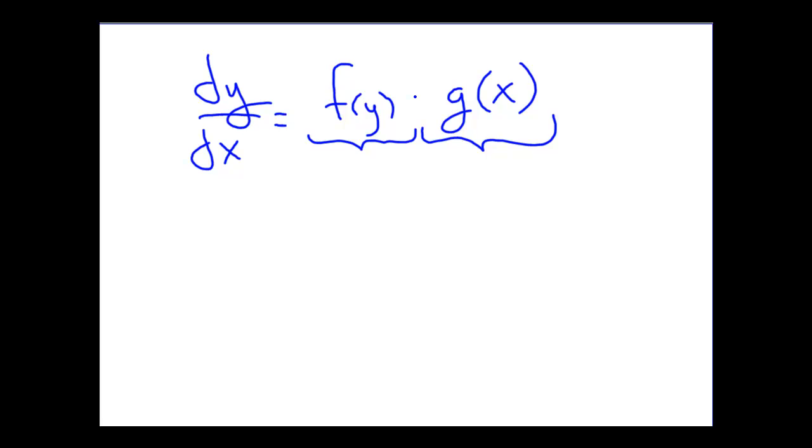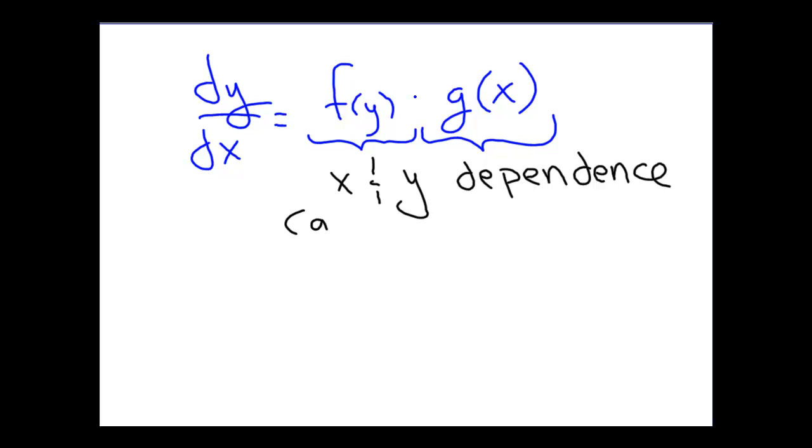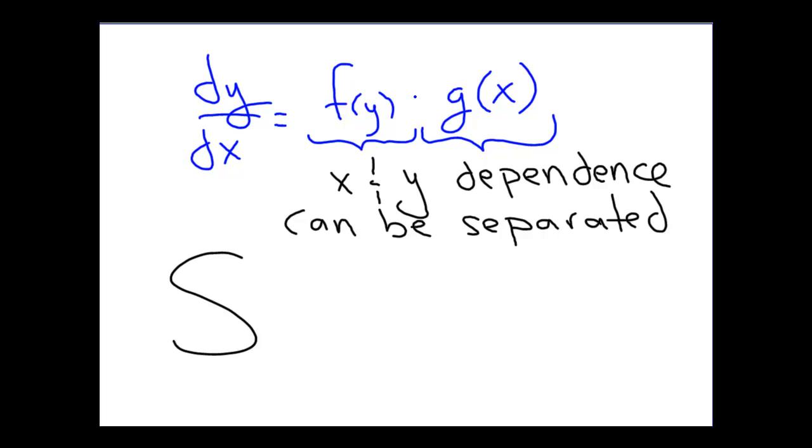What this really means for us is that the x and y dependence can be factored into two separate pieces, or can be separated. We can sort this out into a piece of our derivative that depends on x and a piece of our derivative that depends on y. This is a separable differential equation.